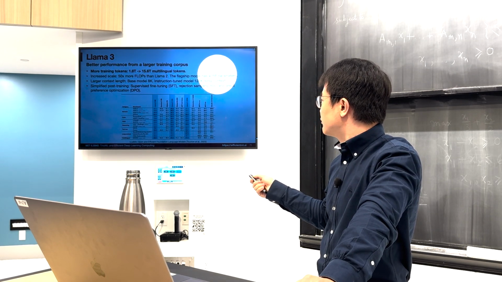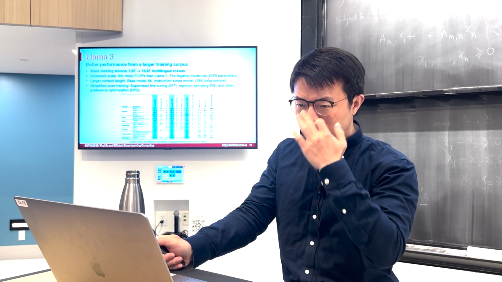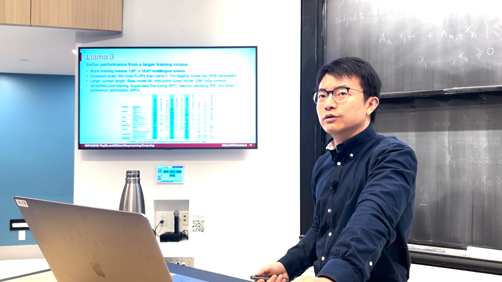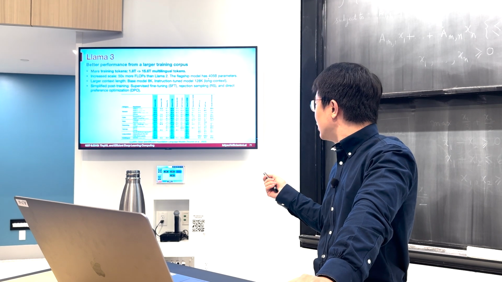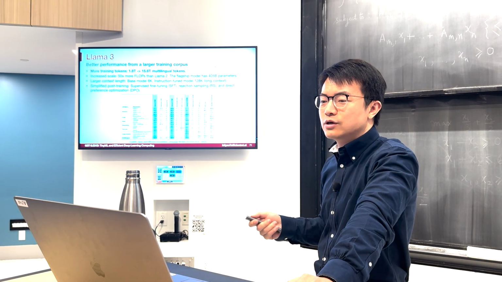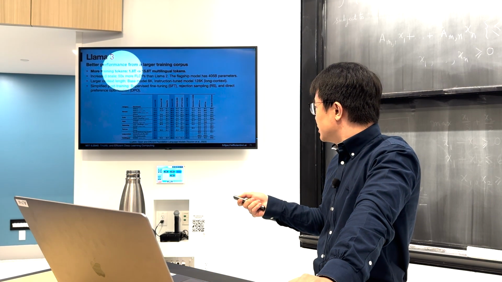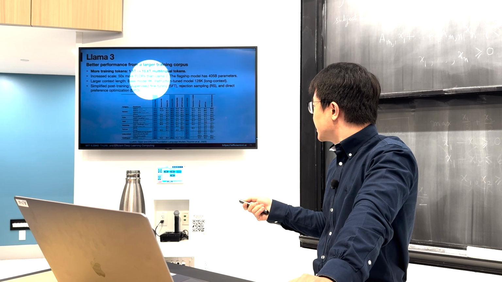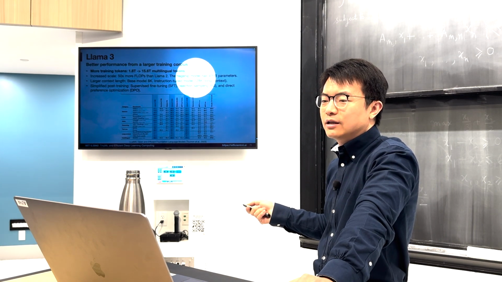The flagship model has 405 billion parameters. So if one GPU is 80 gigabytes, you can easily calculate how many GPUs you need to serve the model. It has even larger context length. The base model has 8K. The instruction-tuned, long-context version has 128K.